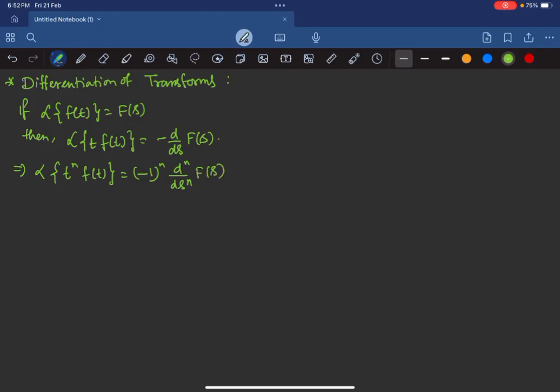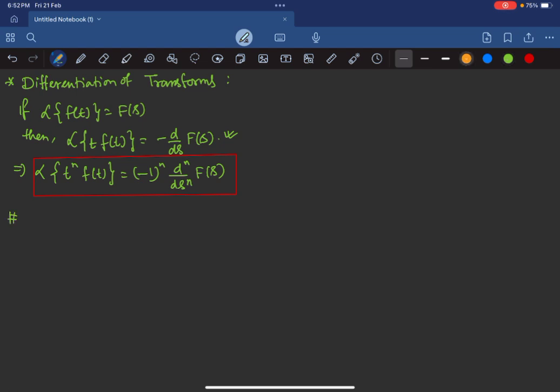This is the generalized form of this formula. It is the most frequently used form, and you can note down this formula as well. This is nothing but multiplication with t. Now we can consider one question related to this.